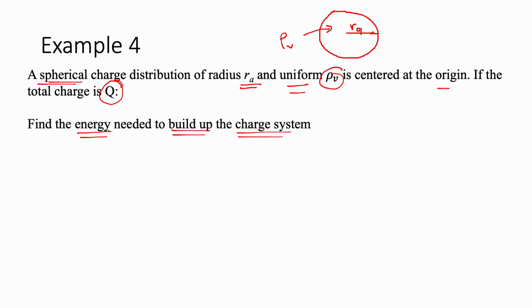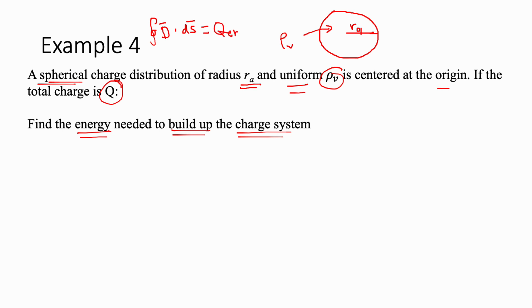We can use two kinds of formula just now. Let's say we don't have any information of potential, but we can calculate the E, because we can use Gauss law here: D dot dS equals Q enclosed.